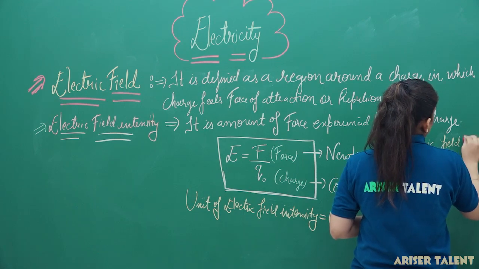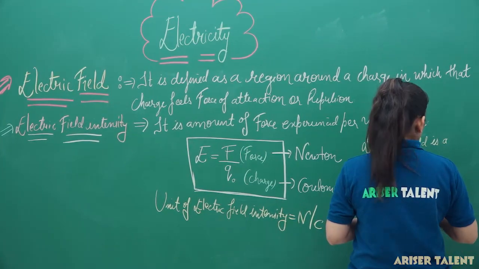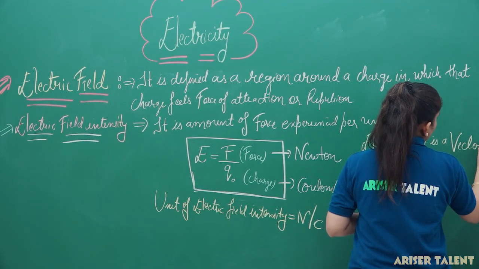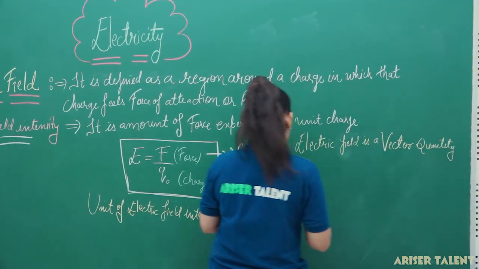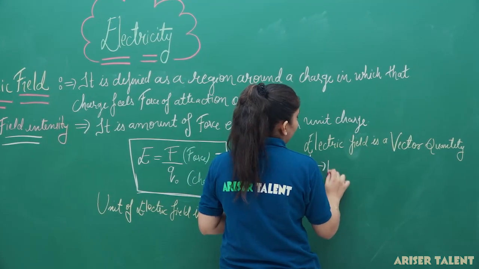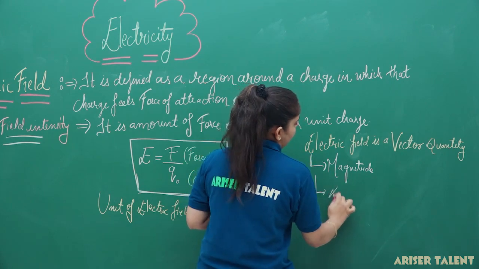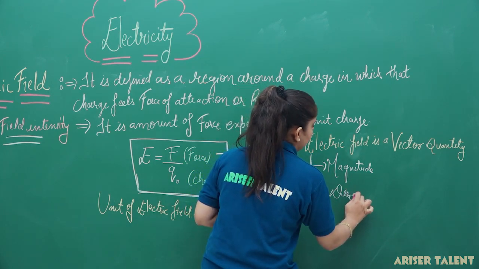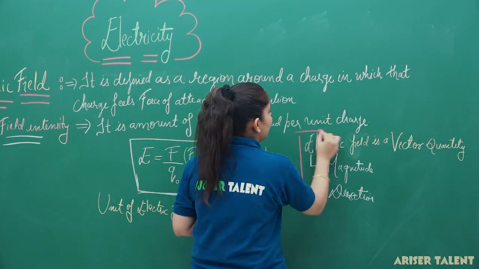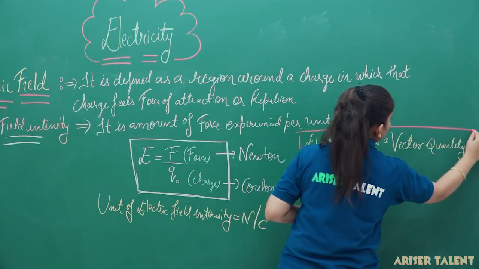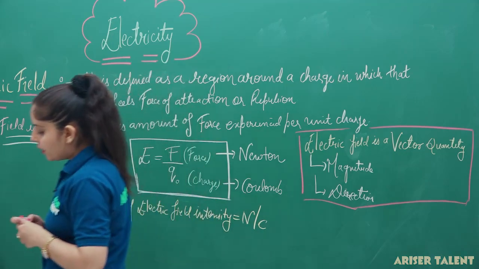It is a vector quantity and it has both magnitude as well as direction. So this is another important factor, that electric field is a vector quantity. So this is all about the discussion of electric field we have.